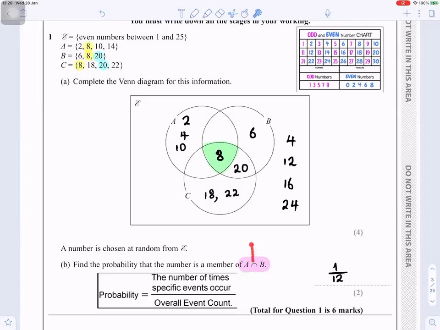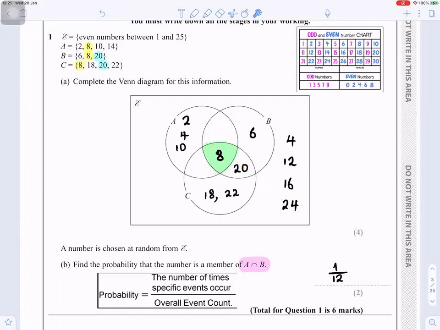A intersection B is the number which is between A and B. So it's a member of A intersection B. Between A and B, there's only one number, and that's 8.